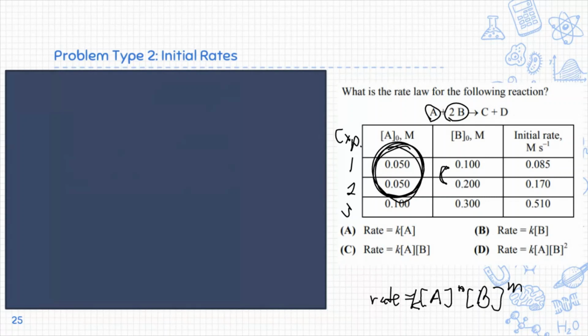So what does that imply? Well, we already know that the initial rate is proportional to B, to the first power. So it is first order in B. Okay, let's look at A. But in this case, it's a little bit more complicated because both A and B are changed for experiment 3.